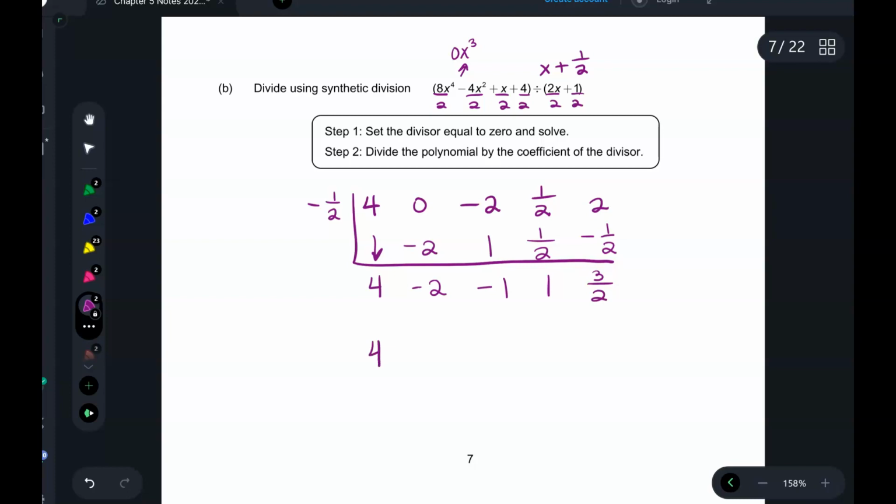So my answer should be 4x squared minus 1x plus 1 plus 3/2 over x plus a half.